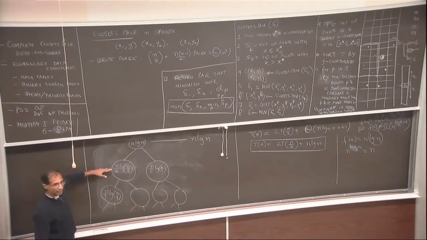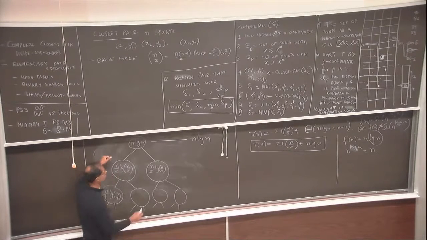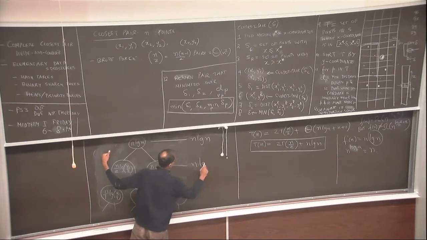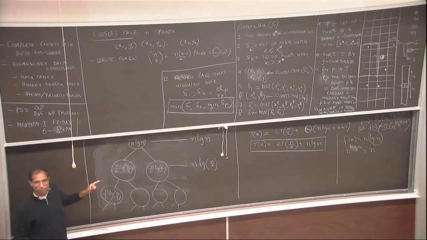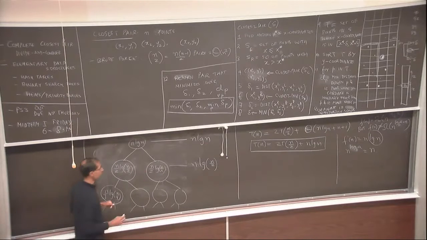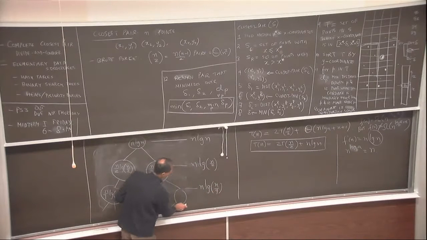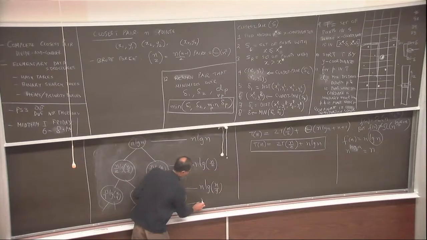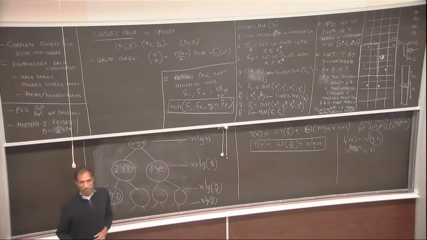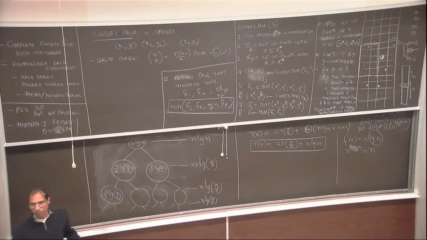The contribution of the second level is what? n by 2 times 2, that's n, and log of n over 2. What's the contribution of the next level? n times log of n over 4. That's a very nice, very clean pattern, right? Everybody sees that pattern.